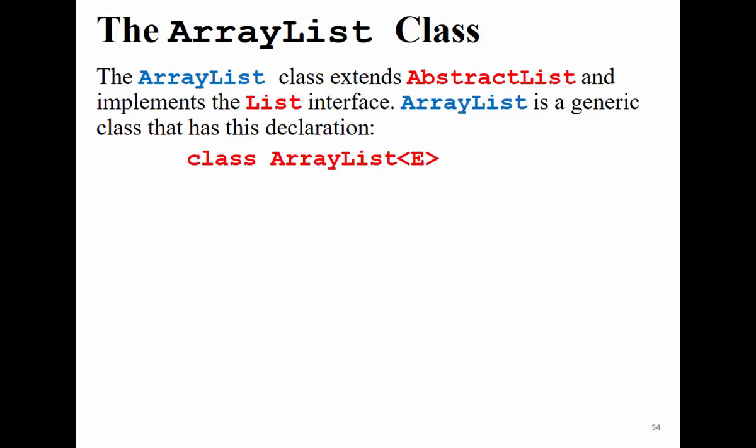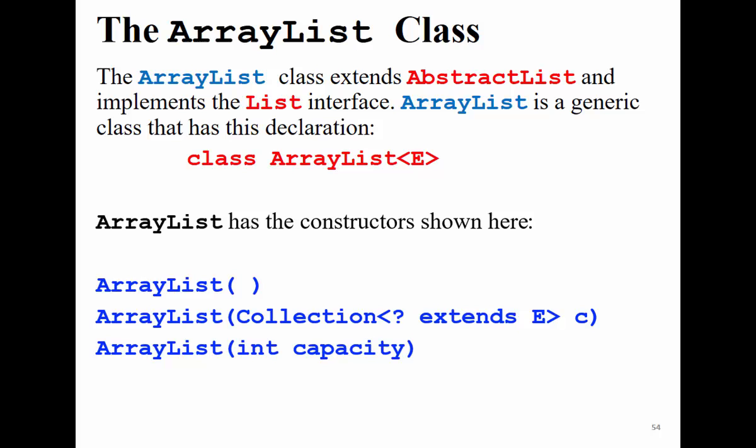So we have a class called ArrayList, and you can see here between the angle brackets we have E. E is a generic type, which stands for elements. This is a constructor of ArrayList. You can make a constructor of an empty ArrayList, or an ArrayList of a collection of a generic type or a wildcard extending E, and now you can replace E as a generic type with any type you need.